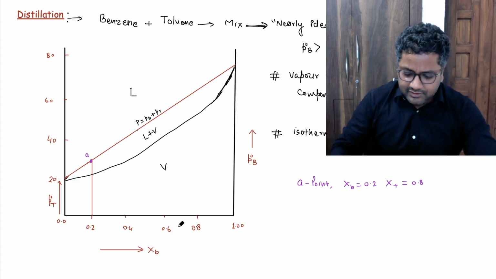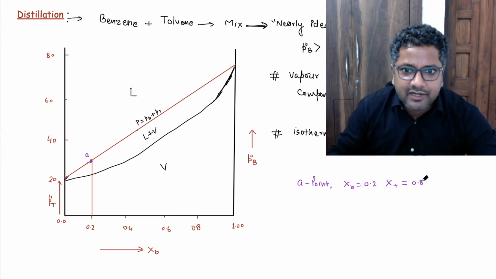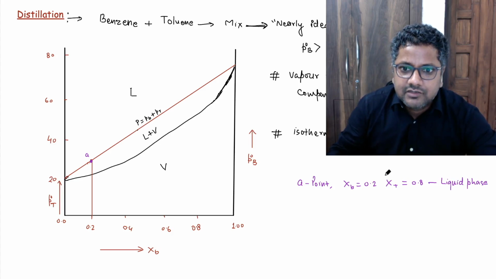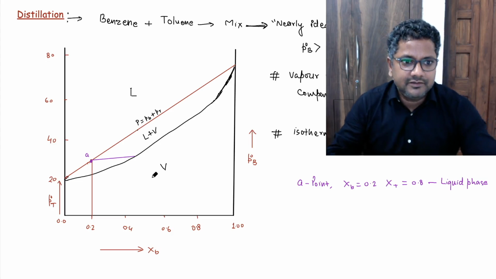So if we find the corresponding point in the vapor phase, this is the liquid phase, so point A represents the liquid phase. If we find the corresponding value with respect to this, something here we will find, right?